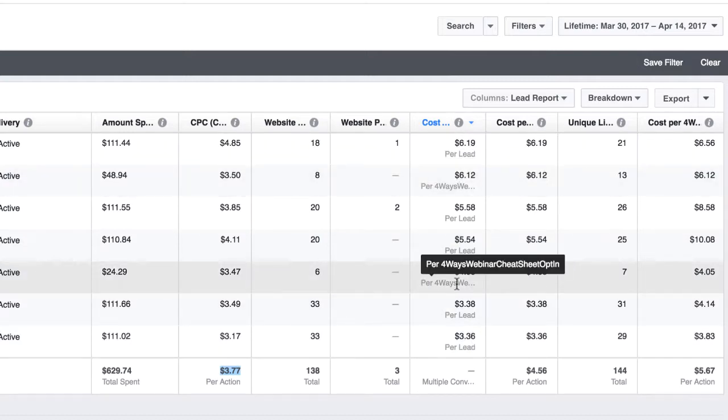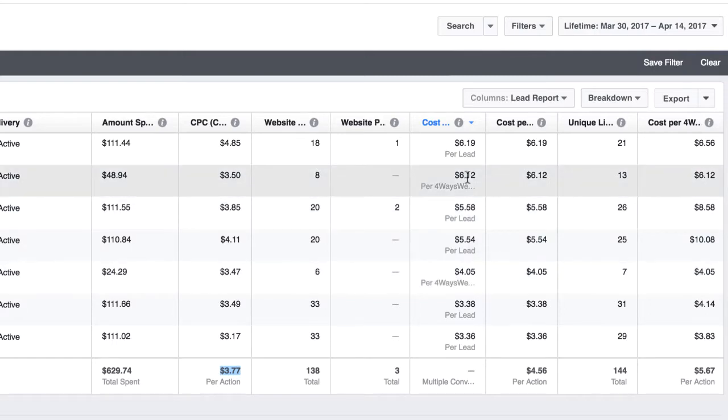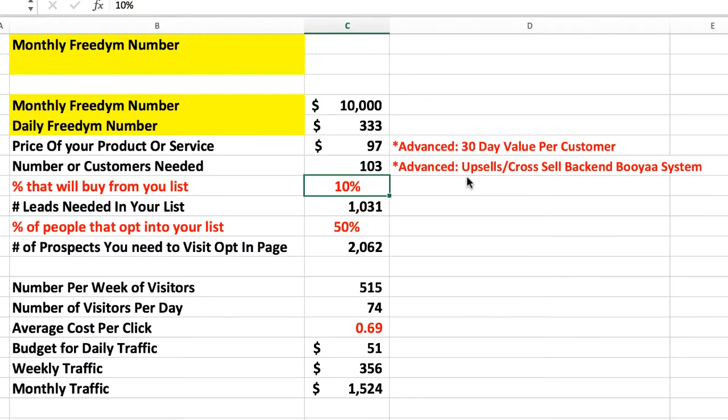And so what that means, let's sum it all up for you. What that means is that you definitely want to make sure, if we come back to the financial freedom calculator, the spreadsheet here, you're going to want to make sure you have a proper backend in place and price your product correctly so you don't lose your shirt on ads, right? Because let's say you just decided to only sell a product that was only $7, right? And you had nothing else on the back end.